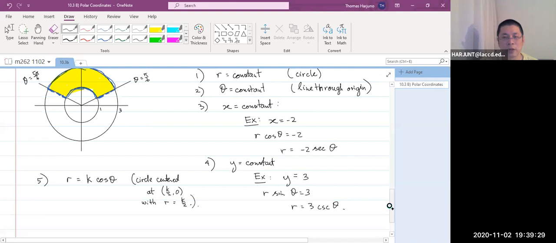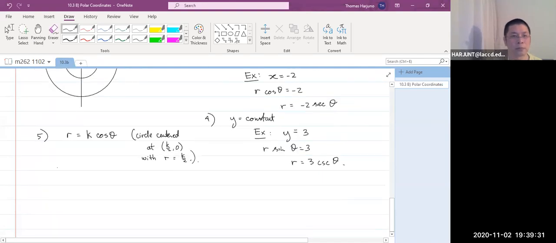Now let's see, for example, r equals, let's say, 6 cosine theta.